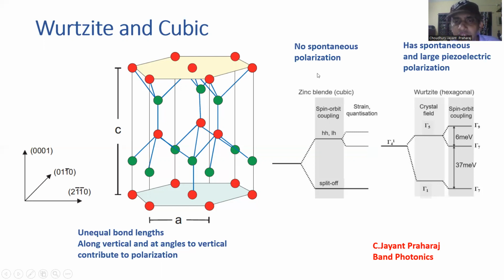So the wurtzite has spontaneous and piezoelectric polarization, but there is a zinc blende or cubic version of these materials which does not have spontaneous polarization, and they can lead to different device layer optimization designs because the band bending is affected by the built-in polarization-induced charges that arise from polarization grading that take place.